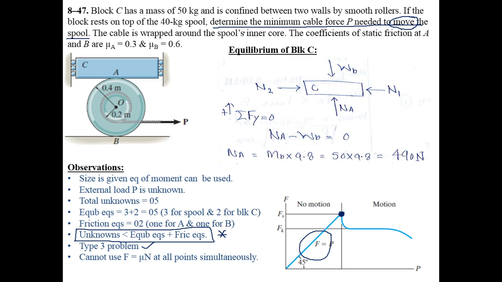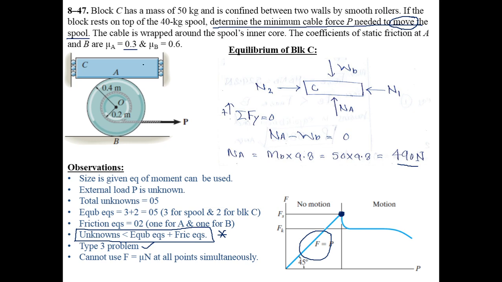We cannot clearly define this, because you see that the value of Na is 490 newtons, and the coefficient of friction at A was 0.3.